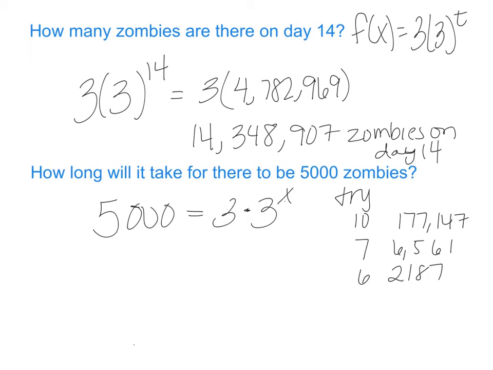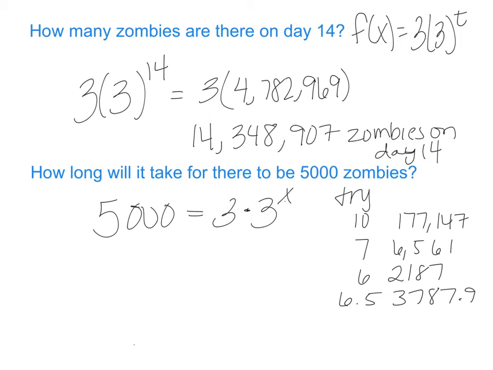So we're just using guess and check, but as we move on and learn about logarithms, logarithms are the key to solving this equation without having to use guess and check. So let's try 6.5. 3 to the 6.5 power times 3 is 3,787.9.